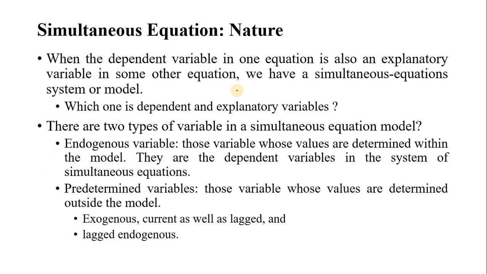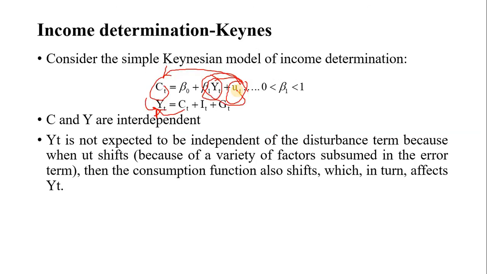So this is today's discussion, and tomorrow we will come to the next level. What we have discussed so far, from our basic econometric course till now, are single equation models, where we have only one equation.